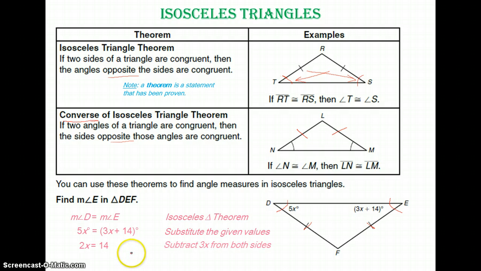Simplifying here, we see that subtracting 3x from both sides, I'm left with 2x equals 14, and my final step would be dividing both sides by 2, and therefore I have x equals 7.